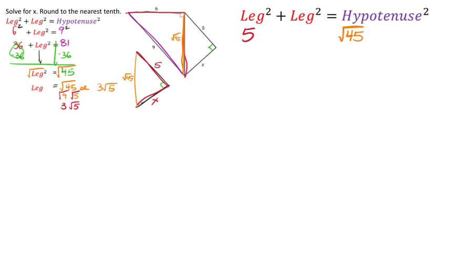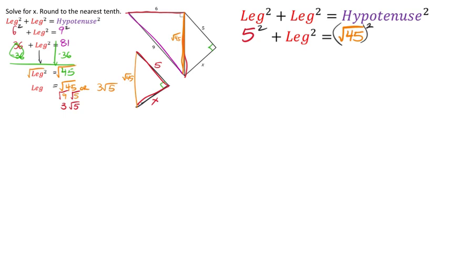This is why keeping it in square root format, without simplifying it, is good, because we're going to square that square root, which is going to undo it. So now we've got 5 to the power of 2 plus the other leg squared equals that square root of 45, and you can just put the power of 2. If you want to put it in parentheses, that's fine too.